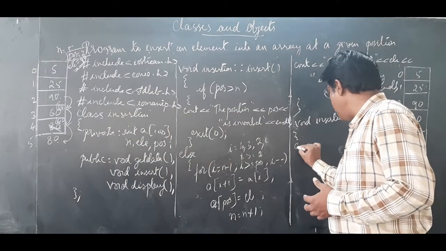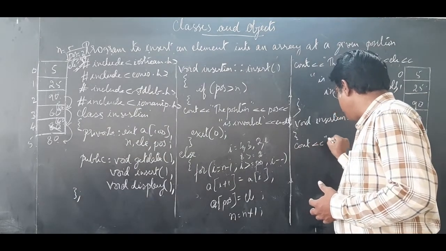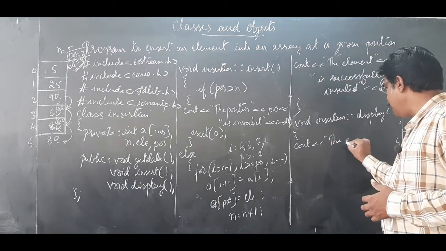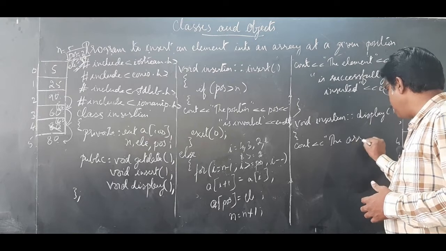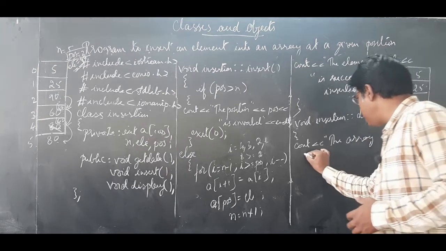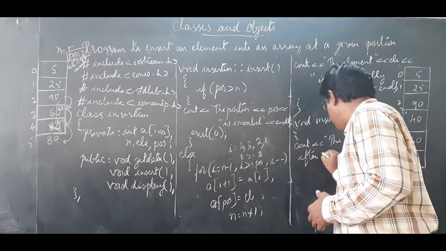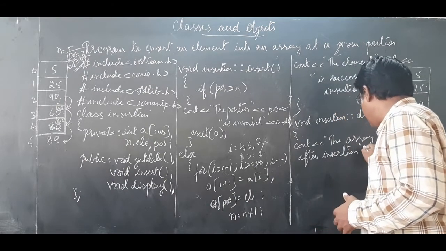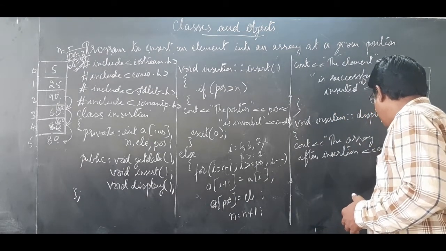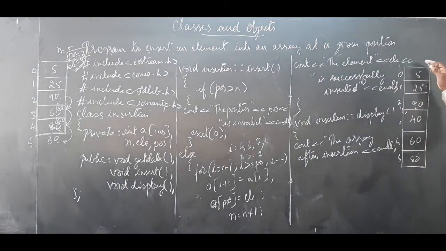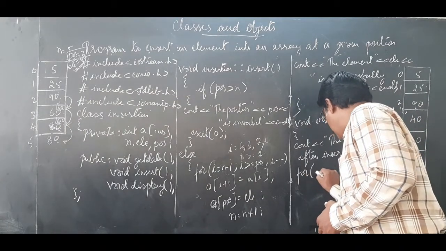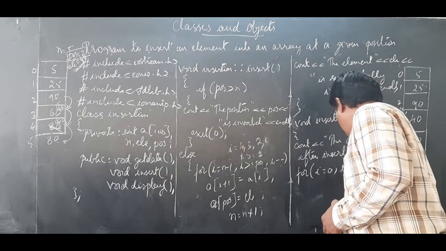So I take cout, I would like to print as the array after insertion. Since we are going to take the resulting array and all its elements, we need to be using a for loop. So I say for i equals 0, i less than n.